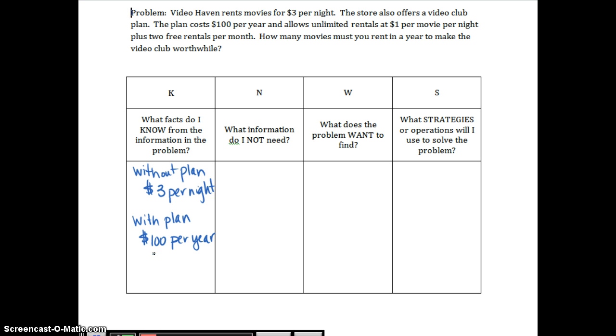Now that doesn't have really anything to do with the cost, so I'm going to include that in the information I do not need. Now, I do need to know that it's $1 per movie, or per night per movie, plus 2 free rentals per month.